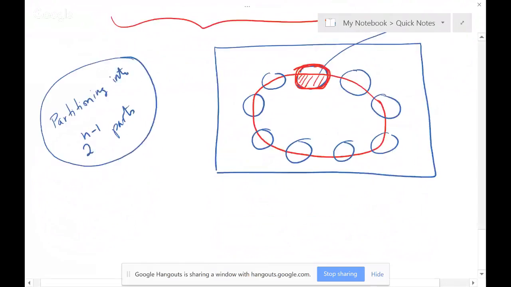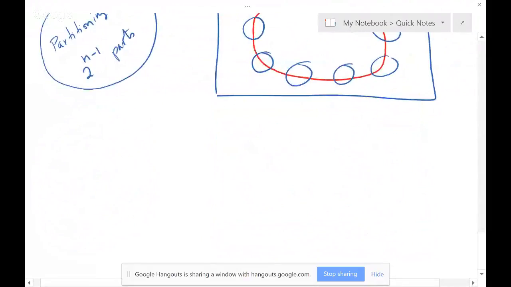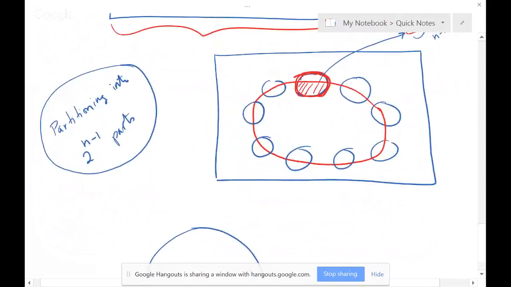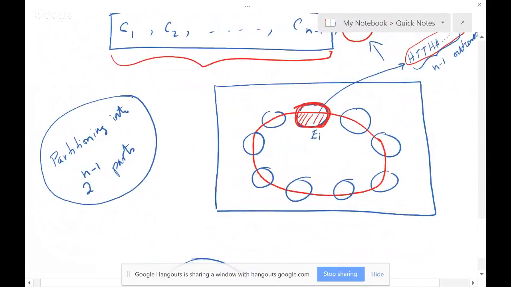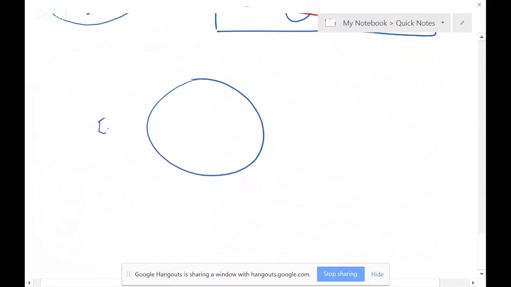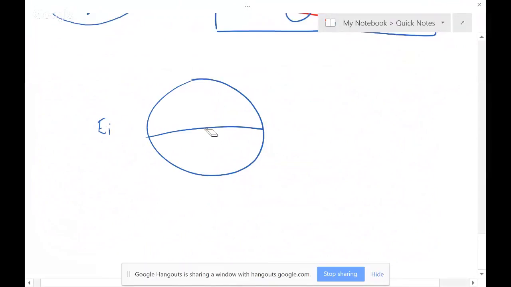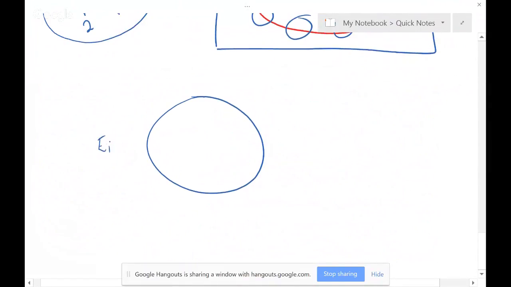So let me isolate that portion. This is, let's say, this particular event, some Ei. I'm going to draw that Ei here. What is the probability, given Ei, that the total number of heads is going to be odd or even?